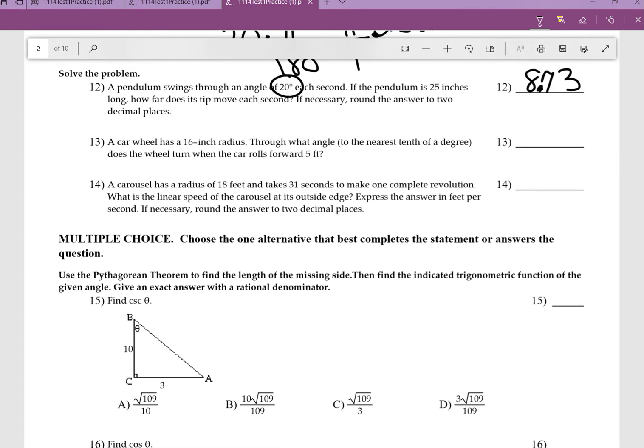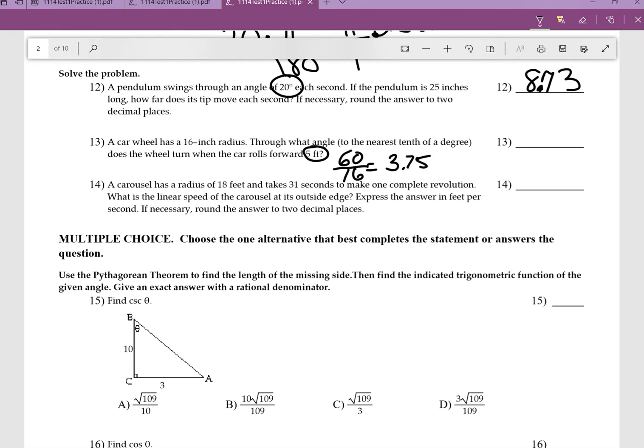Alright, and then this one, I know I was going a little quick on this one, but basically you're going to do 60 inches divided by 16 inches, which gives you approximately 3.75.